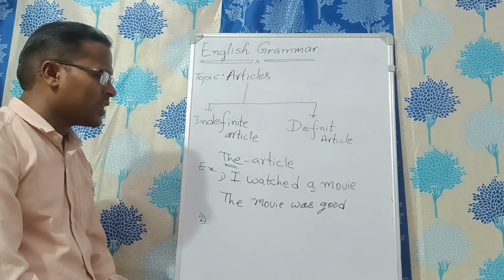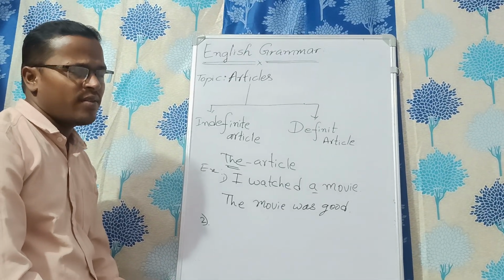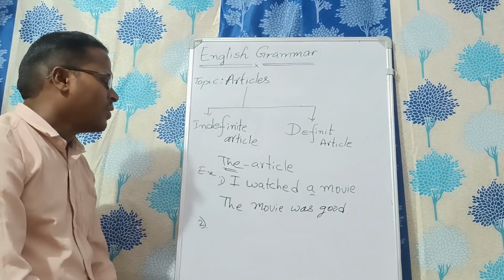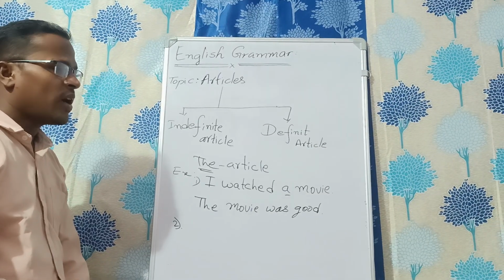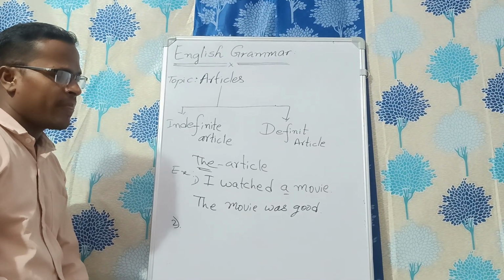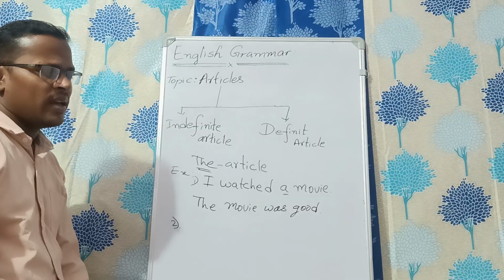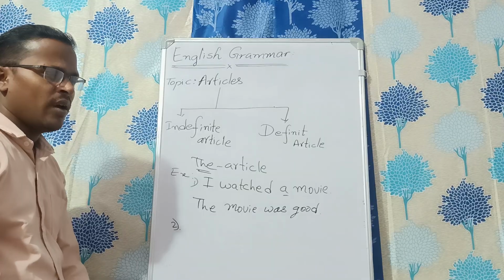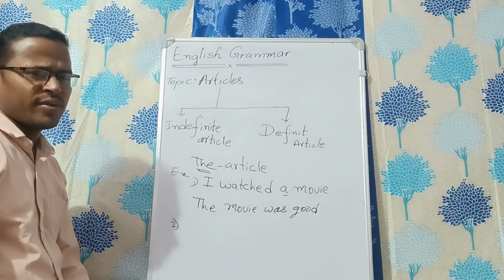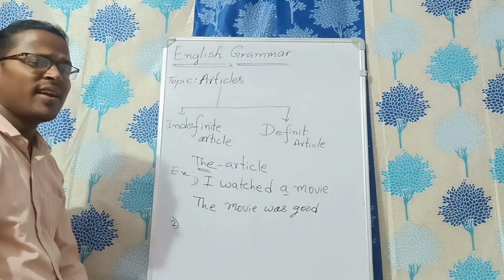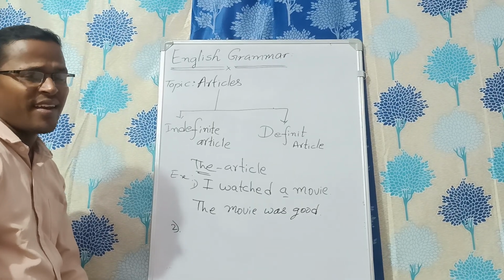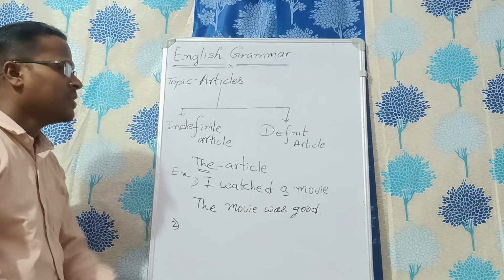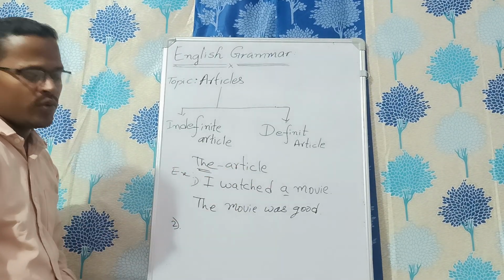And one more thing, there are many restrictions where to use the and where not to use the. For example, before lunch, dinner, and breakfast, we should not use the, because they are regular actions. Means you should not use the definite article.